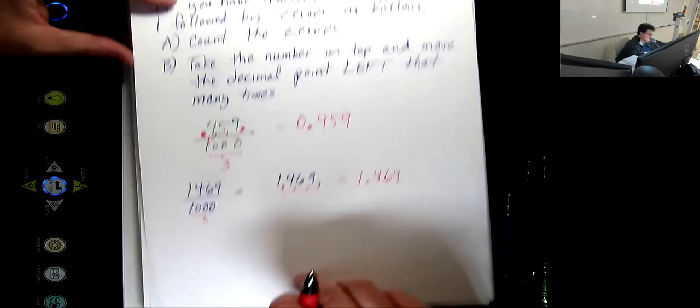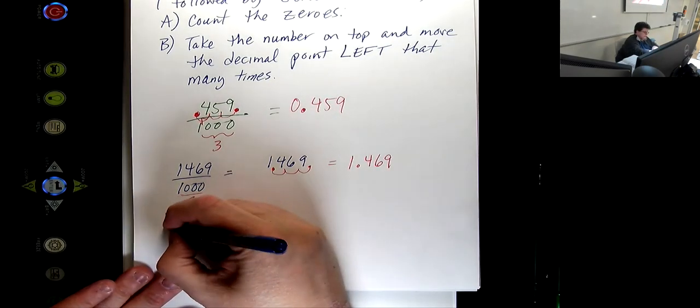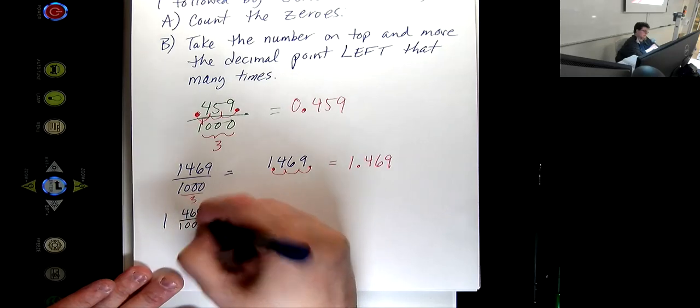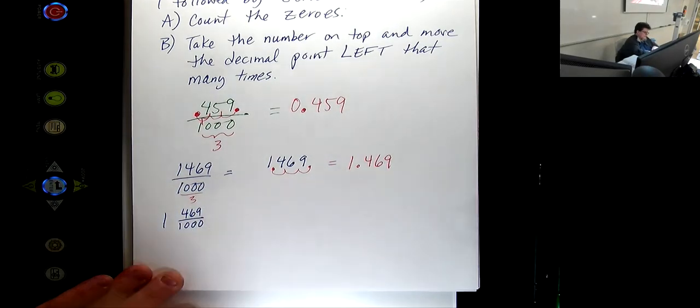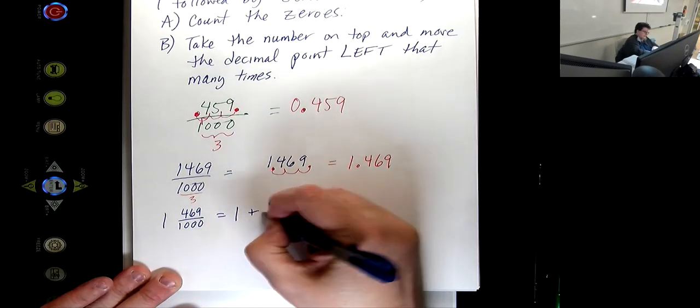The mixed number version is very similar. We also wrote this as 1 and 469 over 1,000. Remember, this means 1 plus 469 over 1,000.